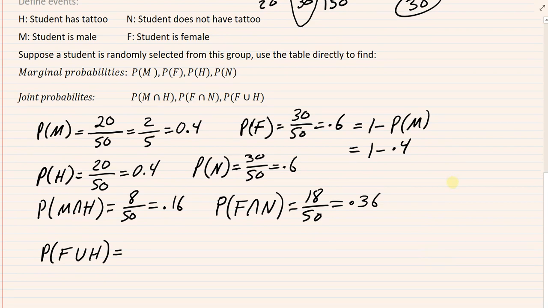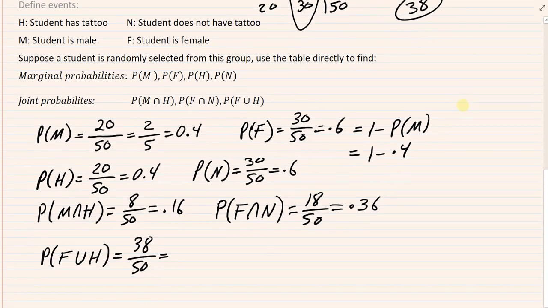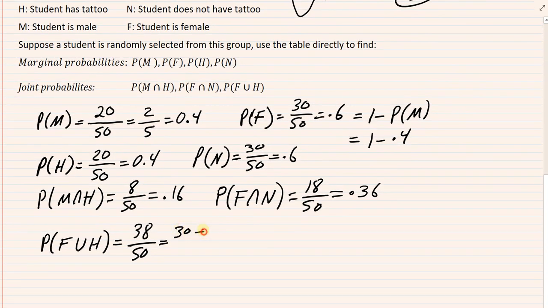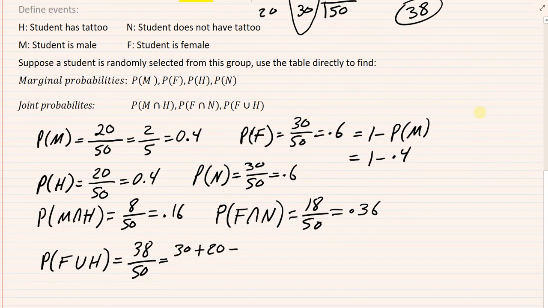So I'm just going to go 38 out of 50, and the way we got this number again was females 30 plus 20 had tattoo, and then we subtracted 12, those students that qualified as having both attributes, and that total again gave me 38 out of 50. So this one is a high probability event. I believe that would be 76%.